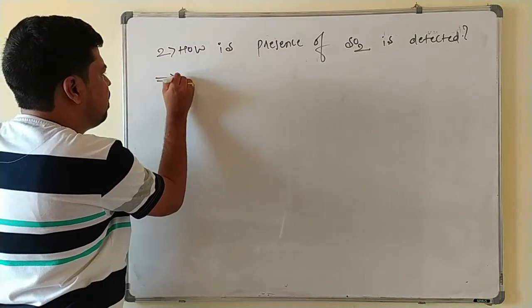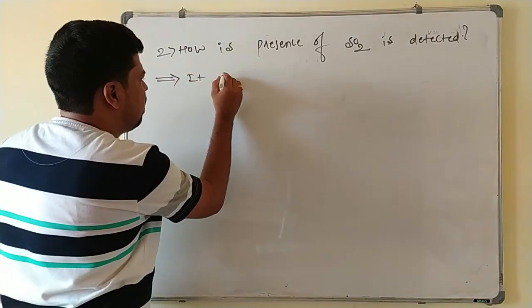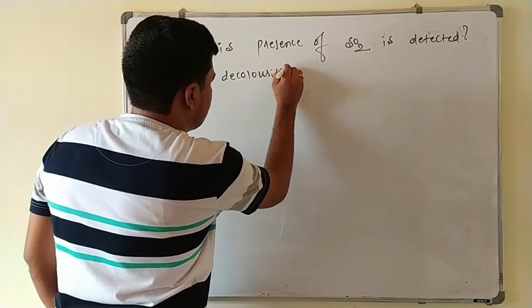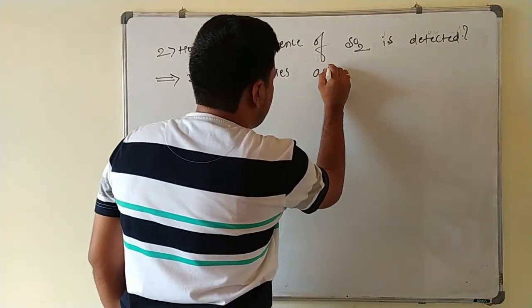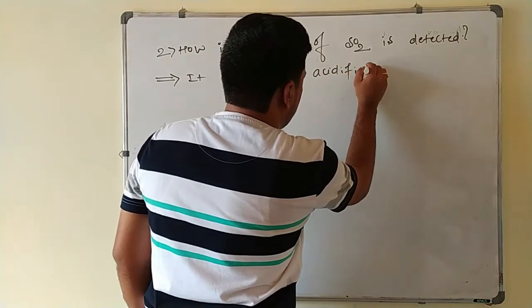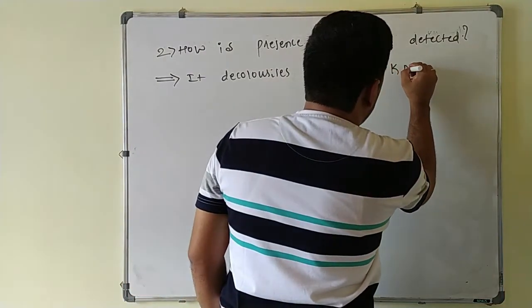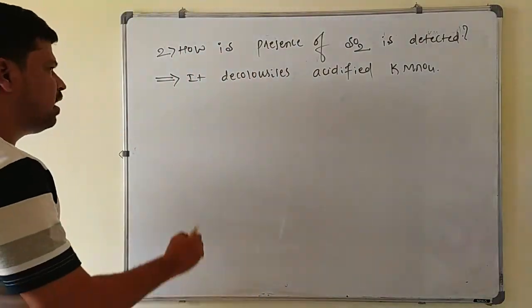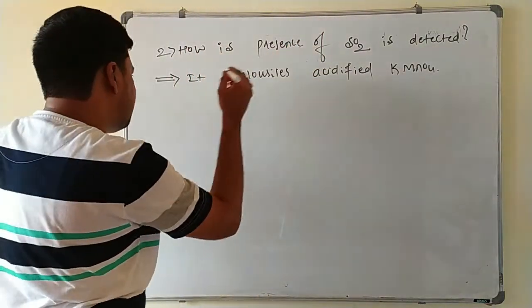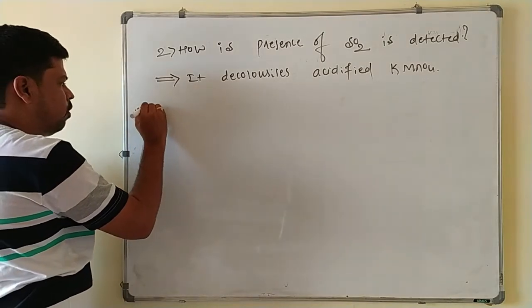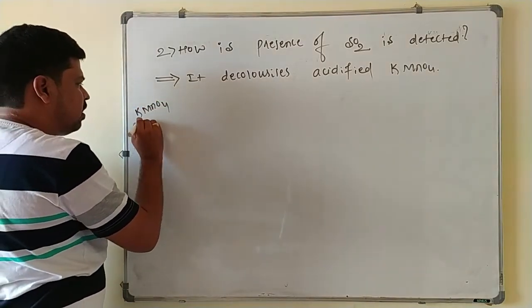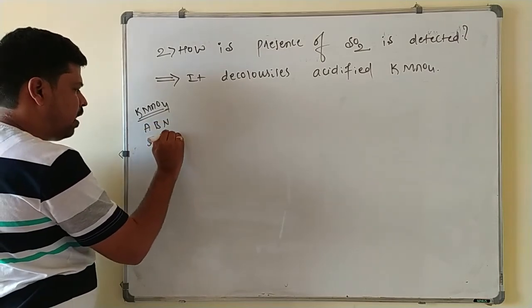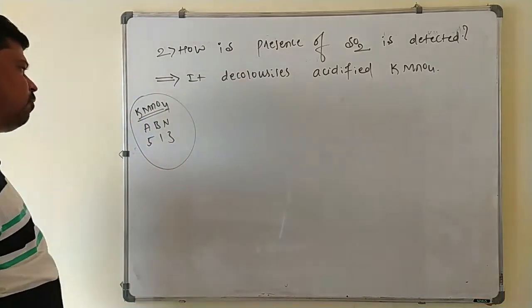Your answer will be, it decolorizes acidified KMnO4. Always you keep in mind here KMnO4 is reduced by the SO2. For KMnO4, you remember this point. This is very, very important for KMnO4.